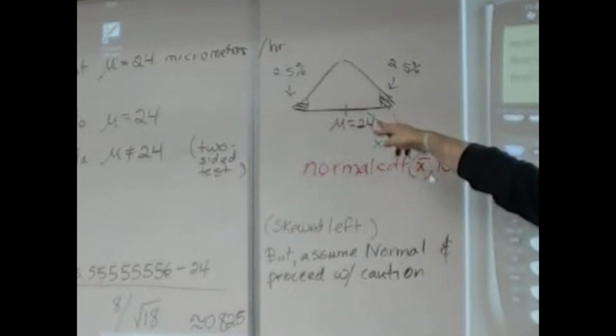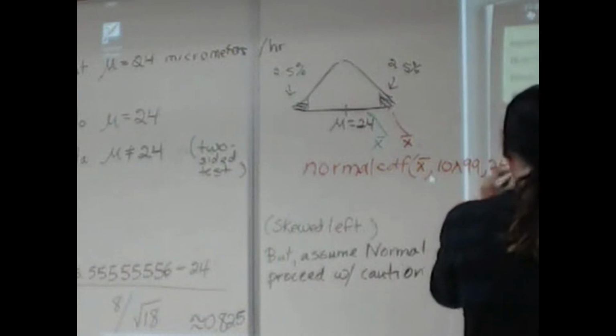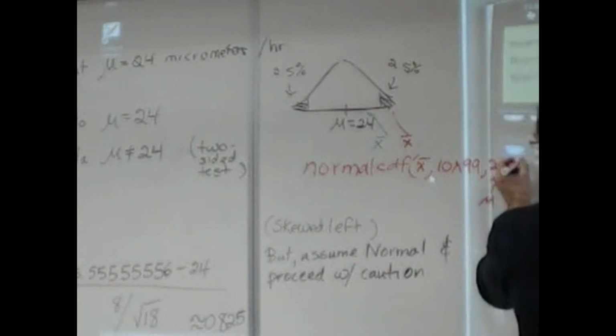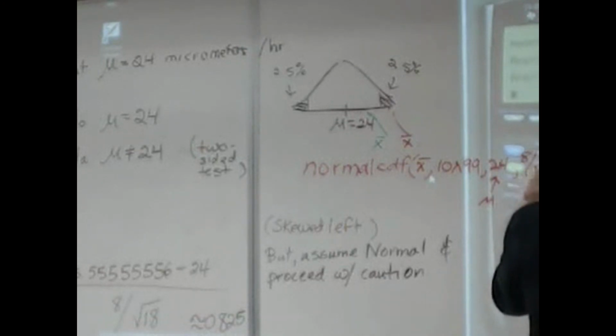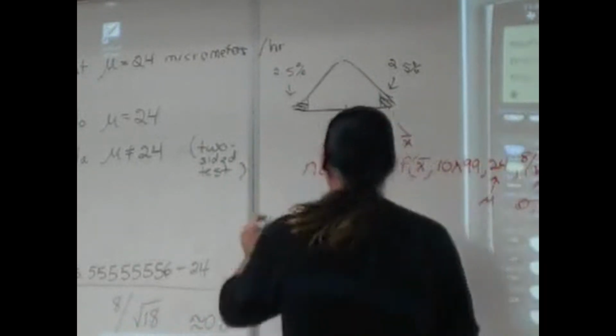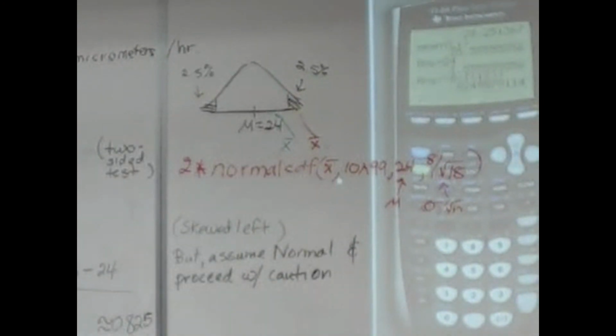Then you would put the claim mu of 24, and then the sigma over square root of n, which was the 8 over square root of 18. You have to do one more thing though. Double it because it's a 2-sided test. That would give you the probability directly.